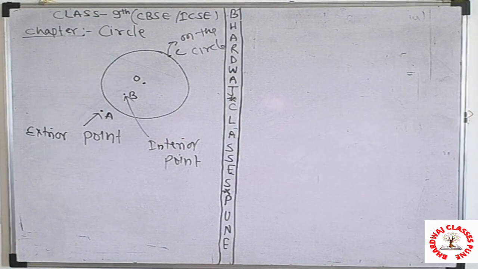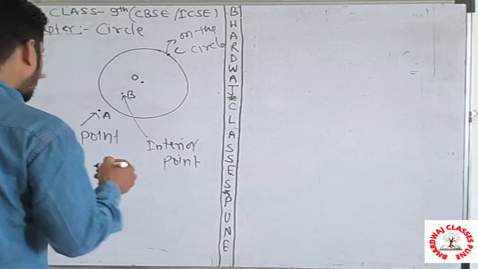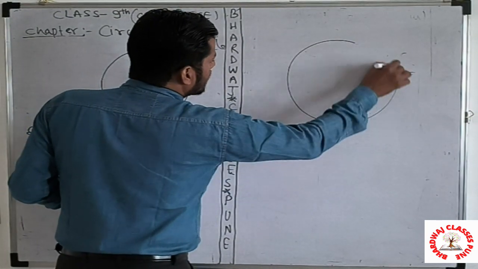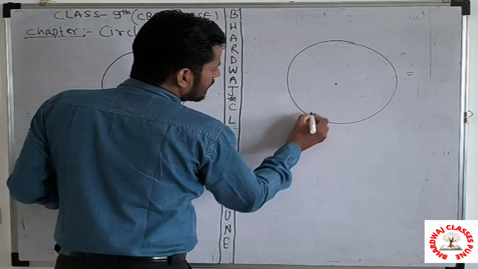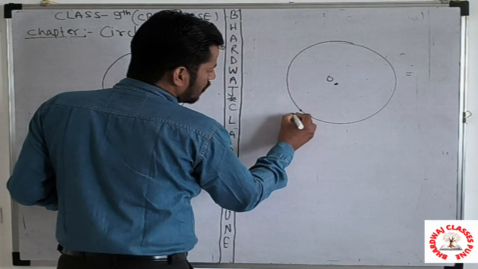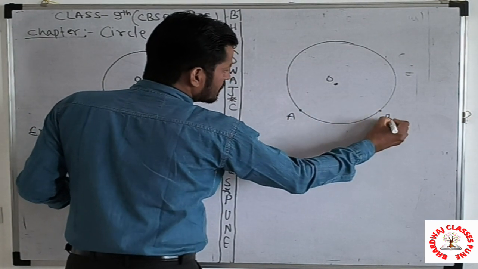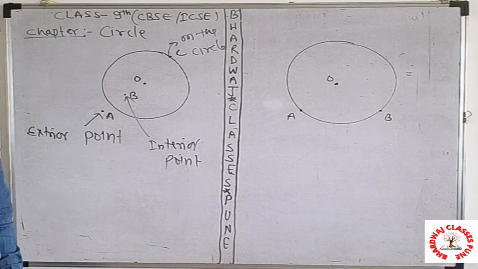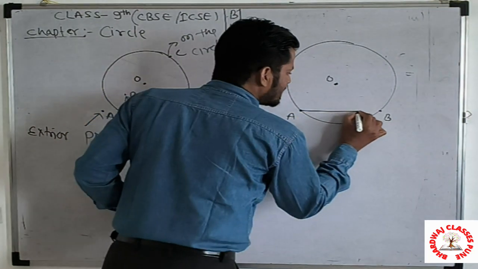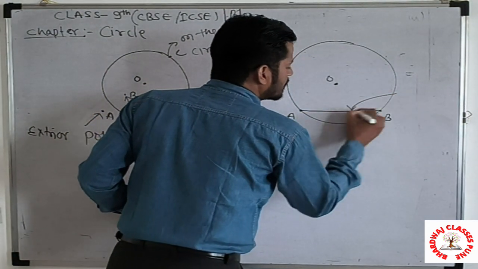Now see, again this is a circle and it has a center. There are two points on a circle. The line joining these two points of a circle is called a chord.